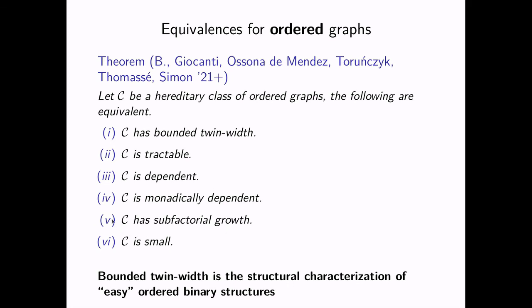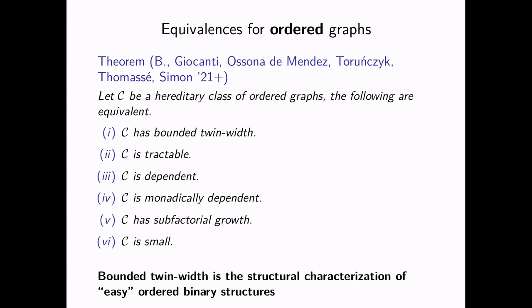And also, when you look at the equivalence between 5 and 6, it gives a gap in the growth of ordered binary structures, ordered graphs. That is solving a conjecture by Balogh, Bollobás, and Morris. And it seems that twin-width is the right delineating line between what is easy and hard on ordered graphs.